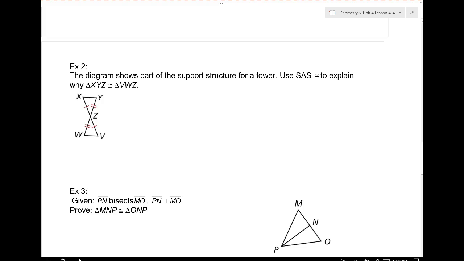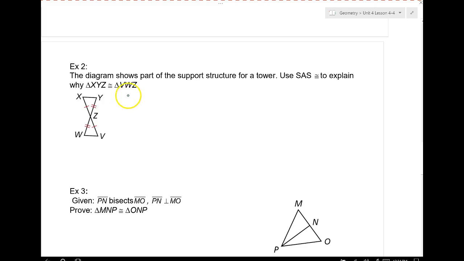The diagram shows part of the support structure for a tower. Use side angle side congruence to explain why triangle XYZ is congruent to triangle VWZ. Isn't this like our very first one? Yeah, so let's do it that way. Do you want to talk about the vertical angles first, or do you want to talk about the sides first? Sides, okay.